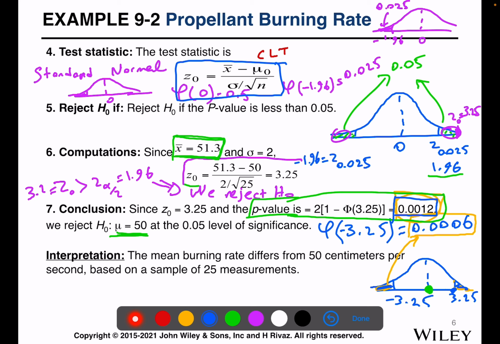That means that the chance of getting X bars that are here or here is very, very low. Since the chance is very, very low, we reject the null hypothesis. In other words, mu is not here. Mu was probably something around here.